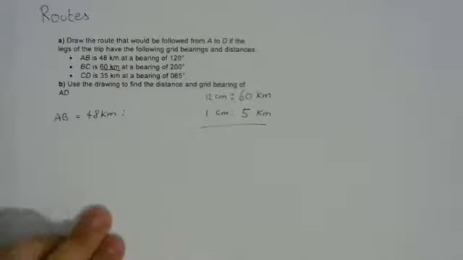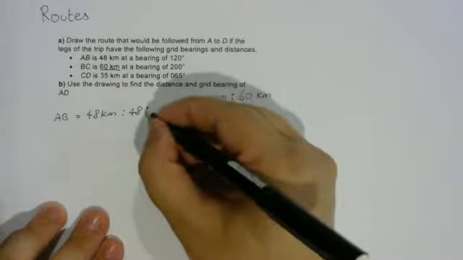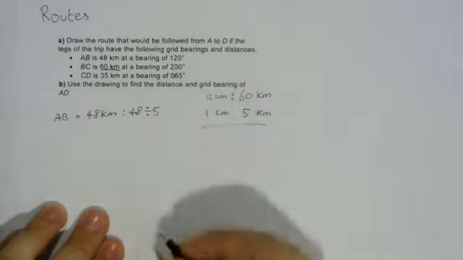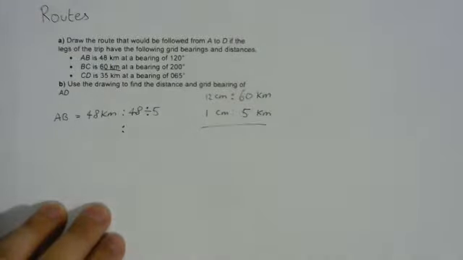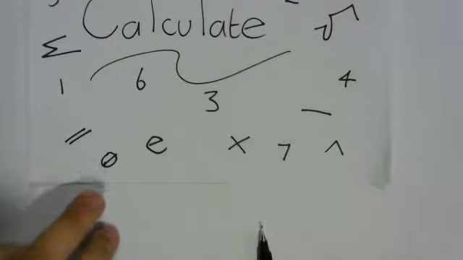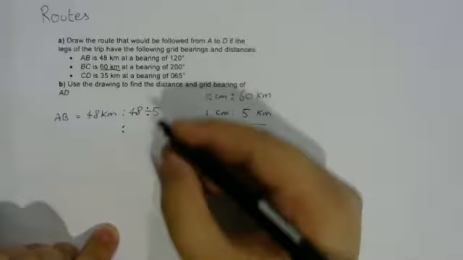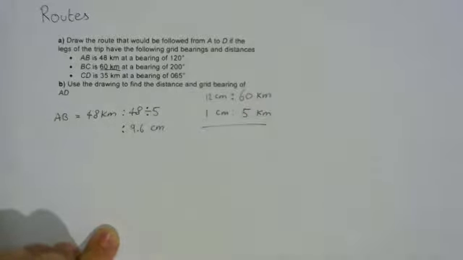And that's going to be proportional to 48 divided by this scale factor of 5 kilometers. 48 divided by 5 equals 9.6, and that will be centimeters.